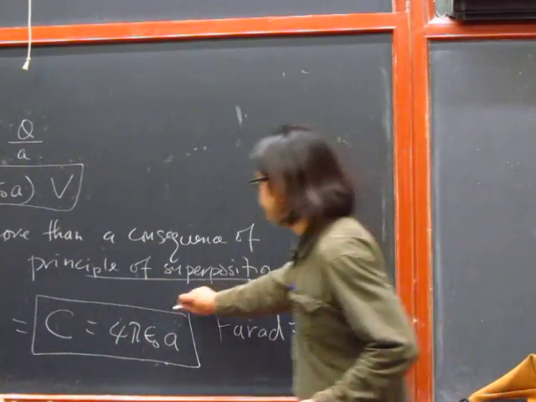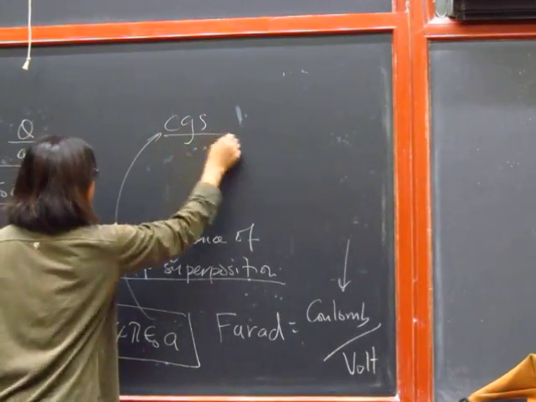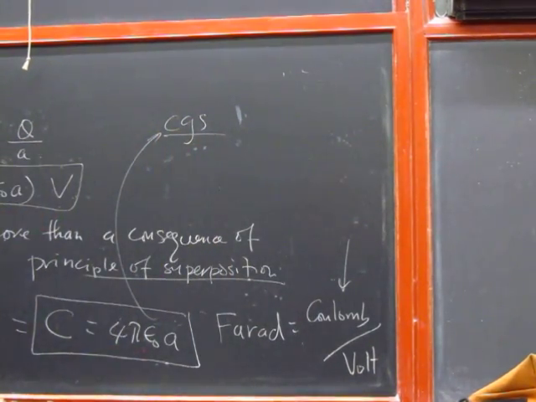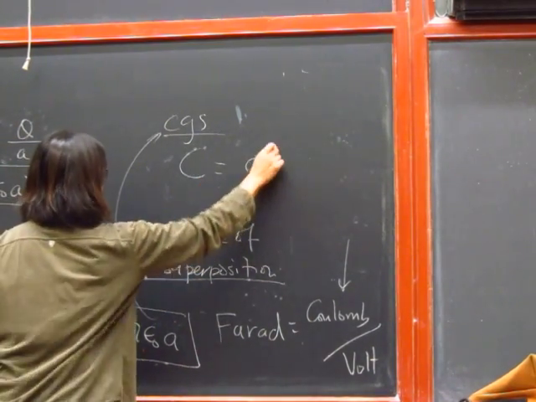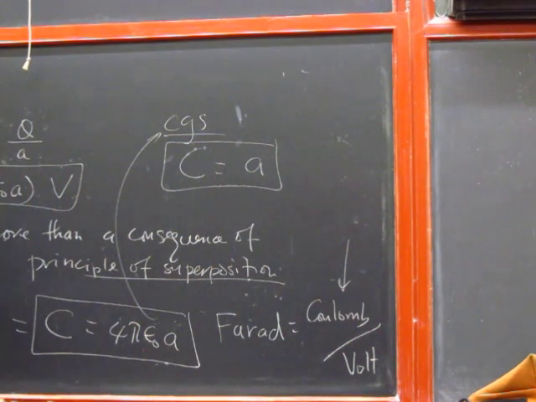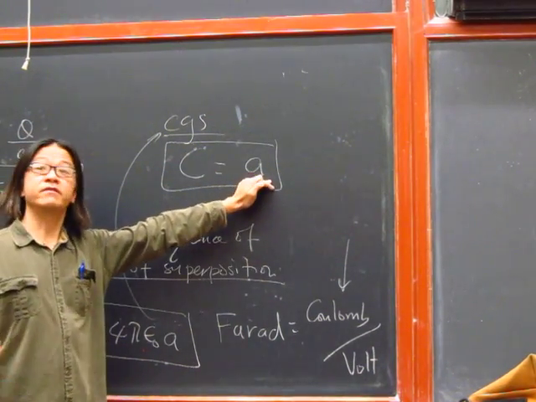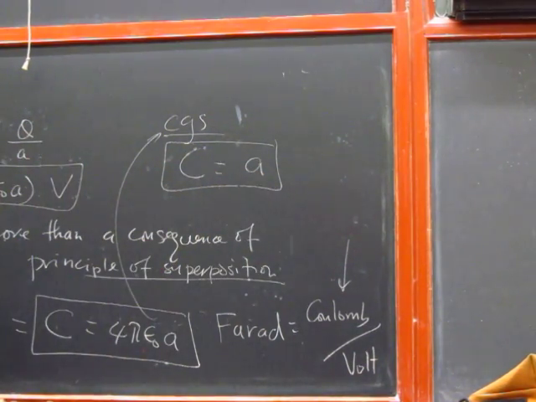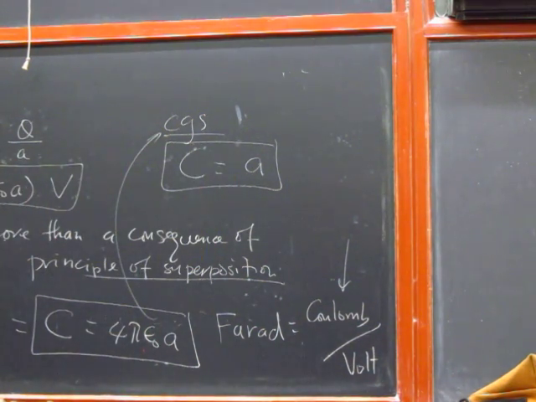But this is part of the advantage of using a CGS system, that in the past we talked about, where the capacitance here is just A. There is no 4 pi epsilon naught, so capacitance is a unit of a linear dimension. But in our case, in MKS, make sure that you multiply everything by 4 pi epsilon naught. Okay?